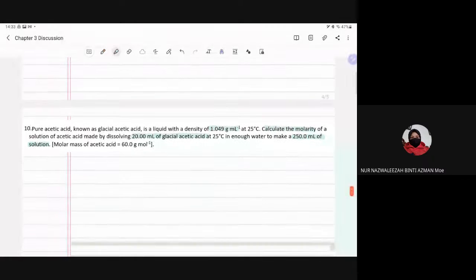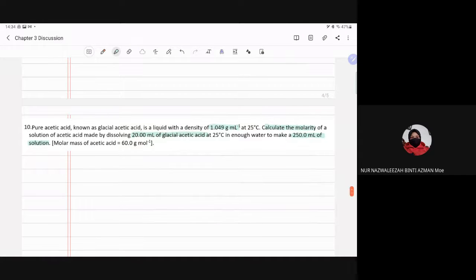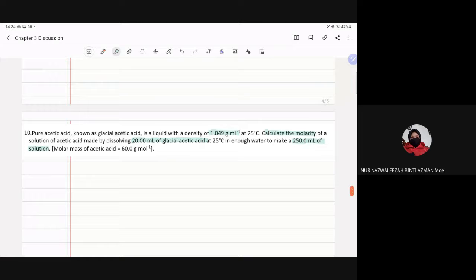Okay. So apa yang kita boleh buat di sini, nak check molarity kita ada number of mole, kena check number of mole. Volume kita dah ada dah. So kalau kita tengok dia punya main focus dia, calculate the molarity.